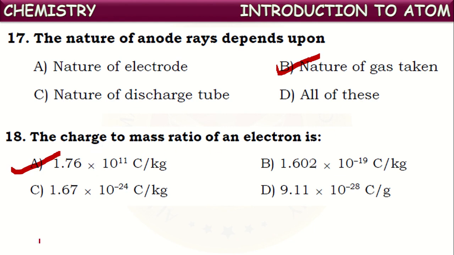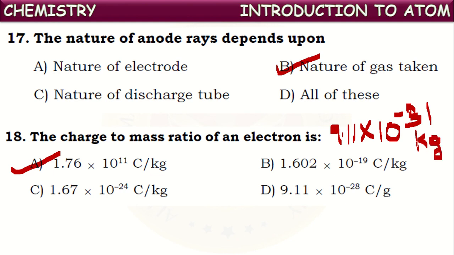We know the mass of the electron is 9.11 x 10^-28 grams or 10^-31 kgs, because here both grams and kgs are given. Now let us take it in kgs. And the charge of electron is equal to 1.602 x 10^-19 coulombs, isn't it?